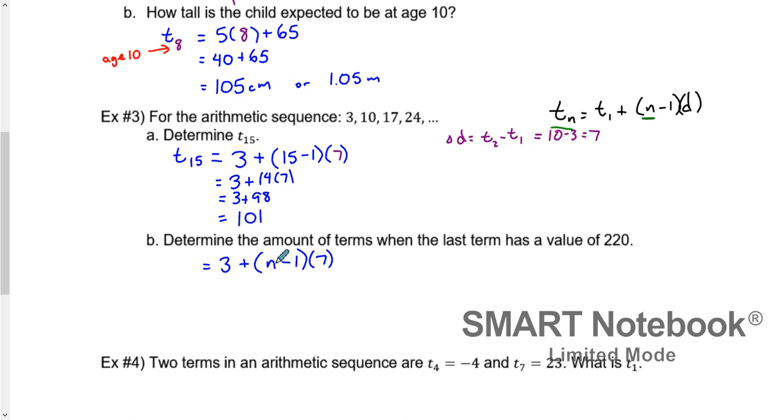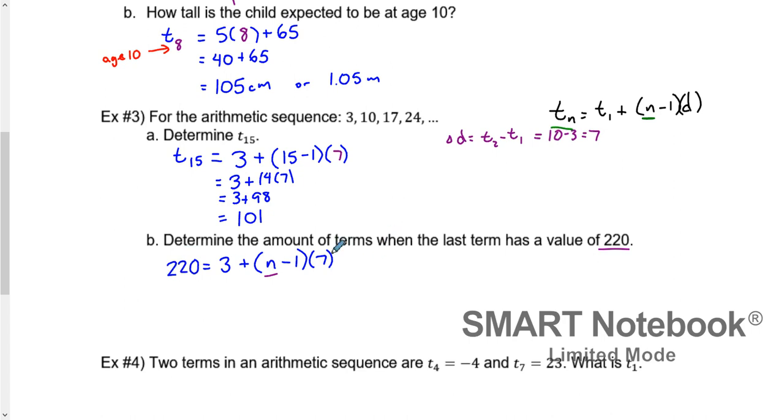So in other words, we're trying to find out what term number is 220. That just means our Tn. We don't know which term number it is, but that's the point. We're trying to find out what is that n.